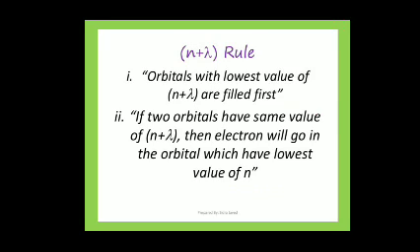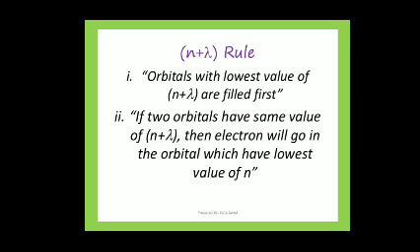According to Aufbau principle, the orbitals present have electrons. These electrons enter into the orbitals in the increasing order of their energy. The energy of orbitals can be calculated by using the n plus l value.